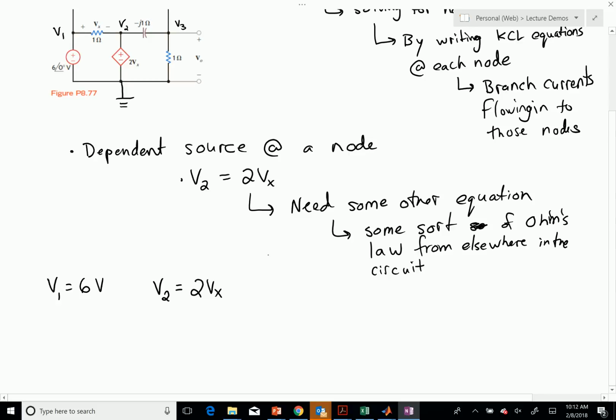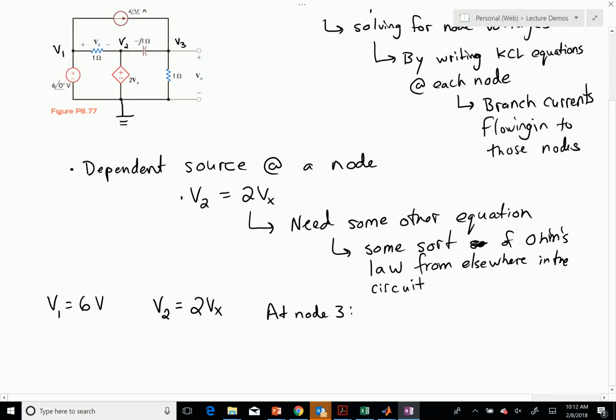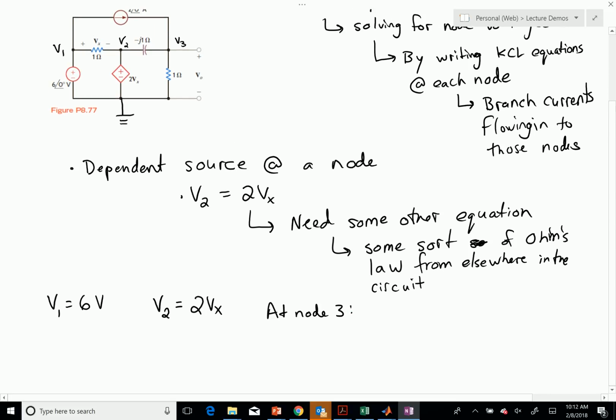At node 3, I actually do have to write a KCL equation. So let me just bring the circuit back up. Before I do this, I like to be very careful, and I'm going to call this VC. V3 is the node voltage, the voltage here.